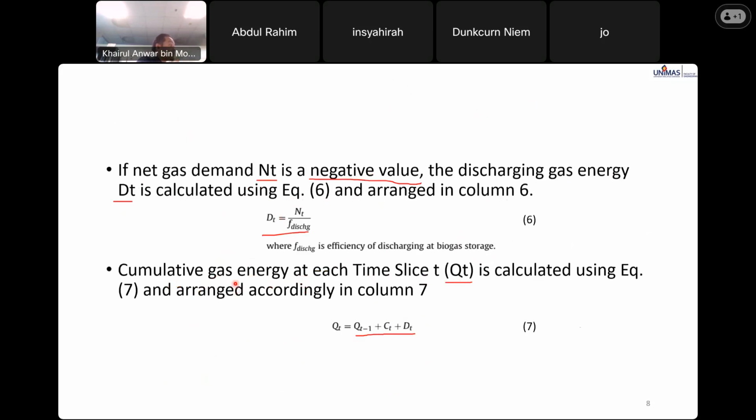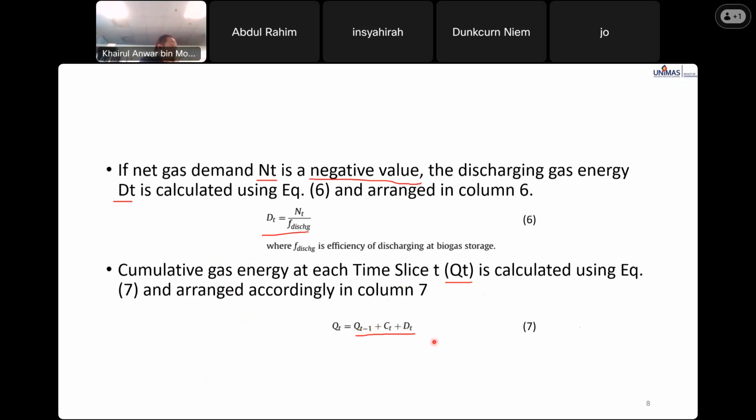The cumulative gas energy at each time slice T, Qt, is calculated using equation 7 and arranged accordingly in column 7. So cumulative means Qt equals Qt minus 1 plus Ct plus Dt.